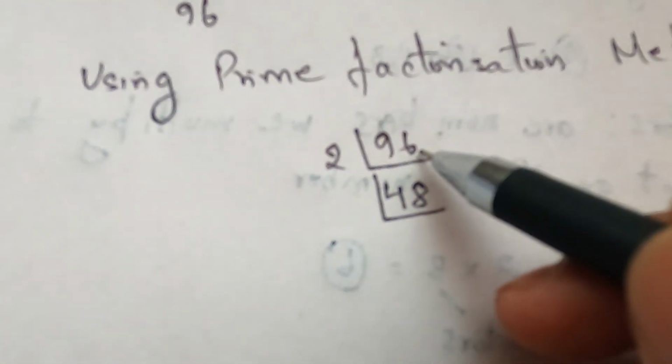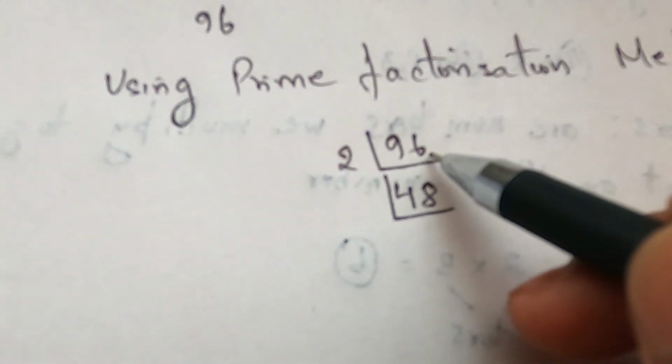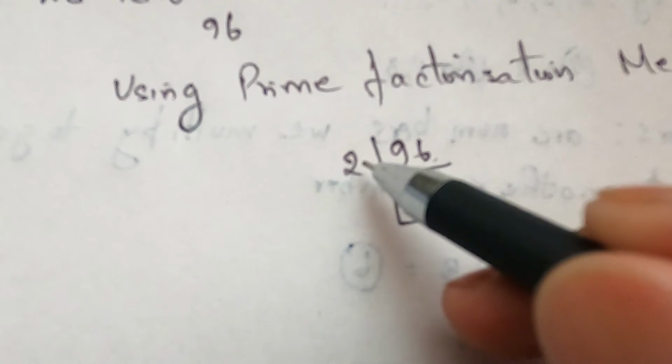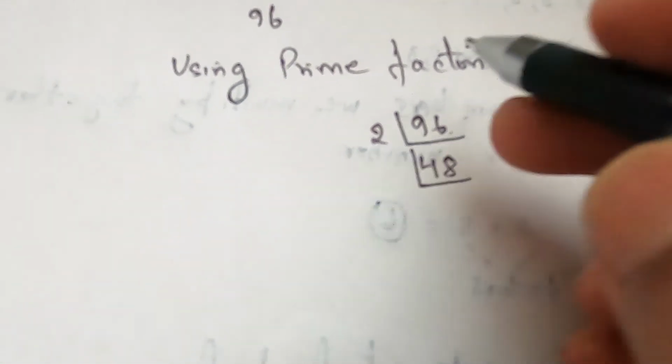Also I want to mention, this is an even number, so we will always start with 2, and if it is an odd number we will start with 3. We will always try with the smallest prime number.